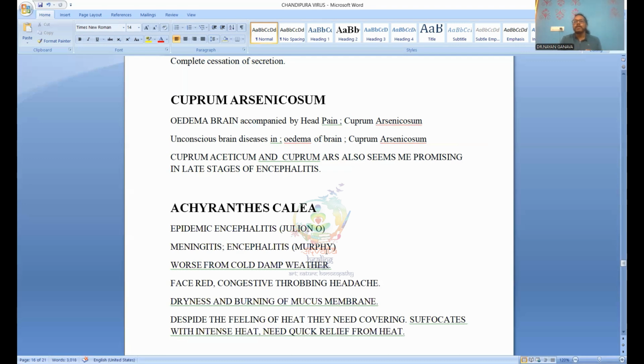Here I came across two remedies, Cuprum aceticum and Cuprum arsenicosum, that seem so promising in late stages of encephalitis. There will be edema of brain accompanied by head pain. That is the indication of Cuprum arsenicosum. Then another one is unconsciousness in brain disease with edema of brain. That is also an indication of Cuprum arsenicosum.